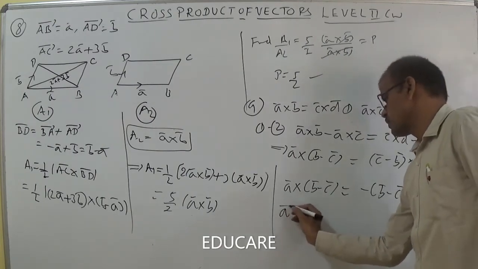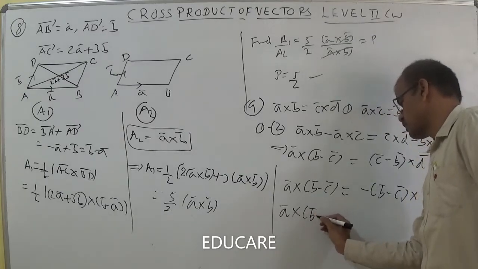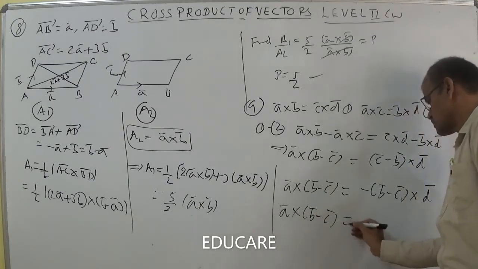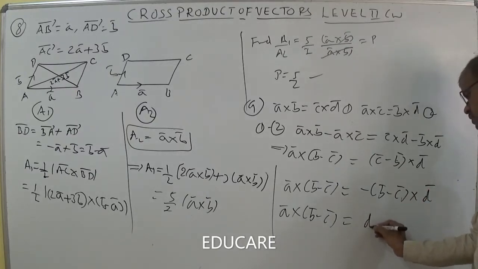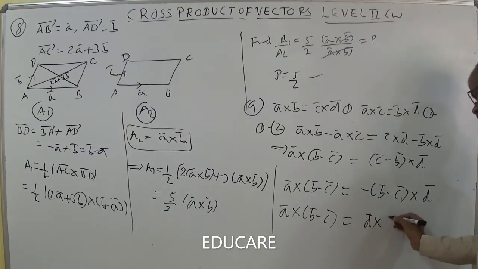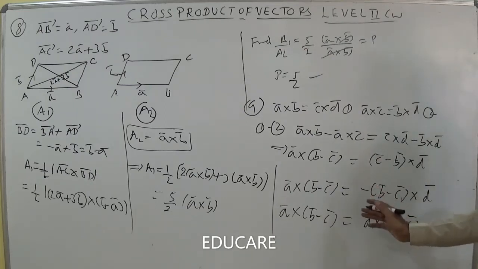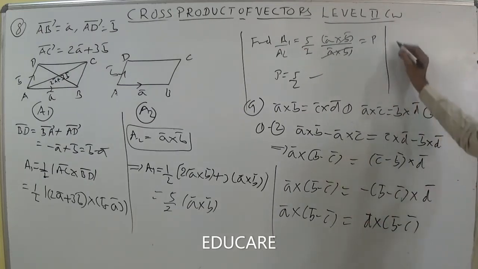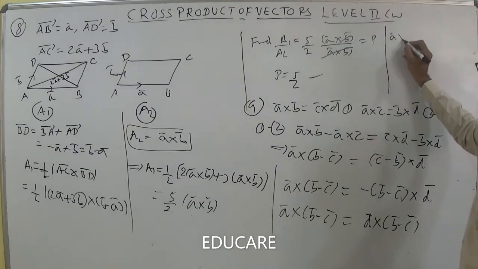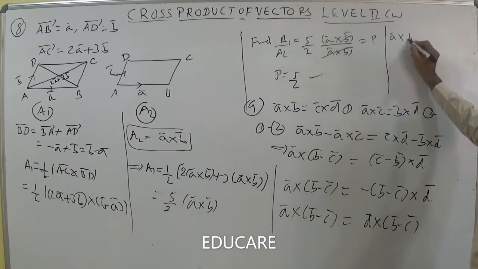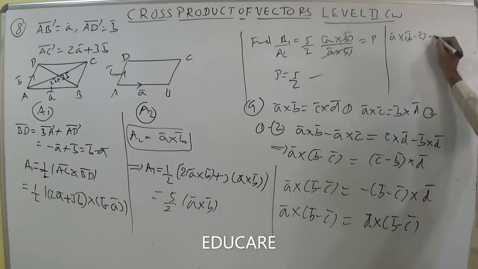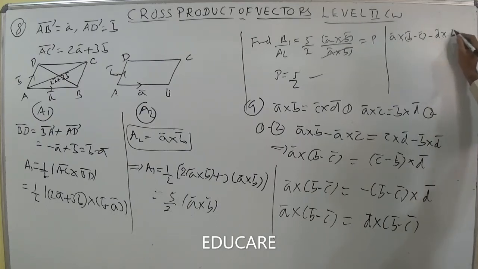Next step, A bar cross B bar minus C bar is equal to, with the minus taken this side, D bar cross B bar minus C bar. So A cross B minus C is equal to minus of D cross B minus C.